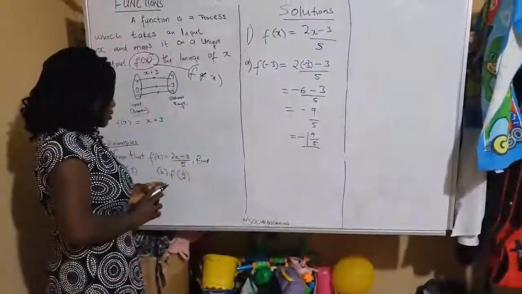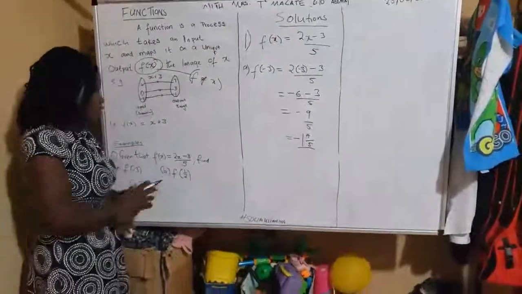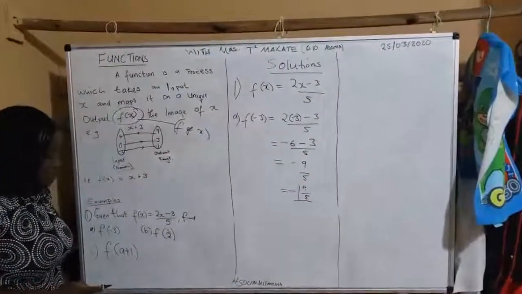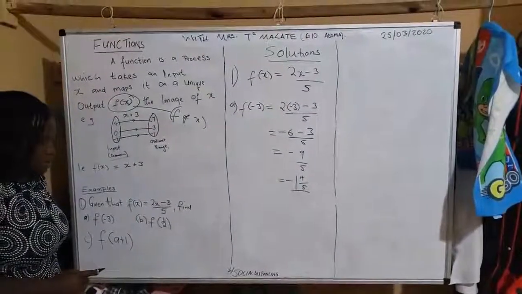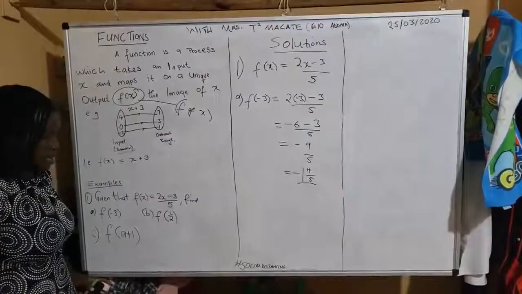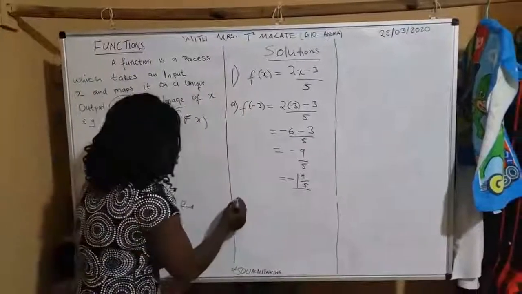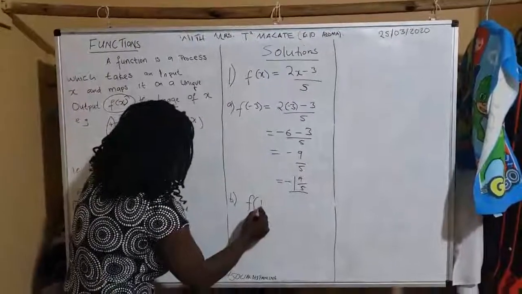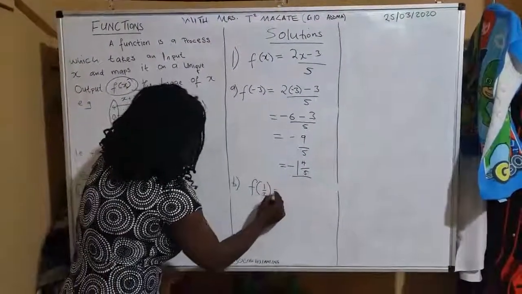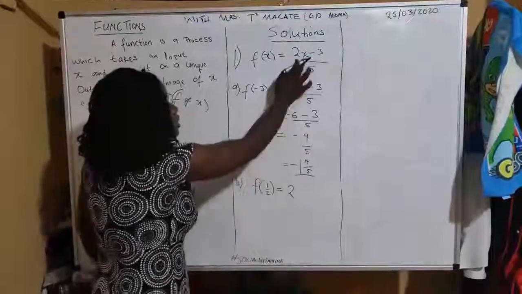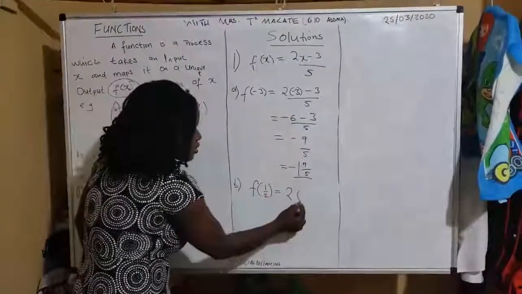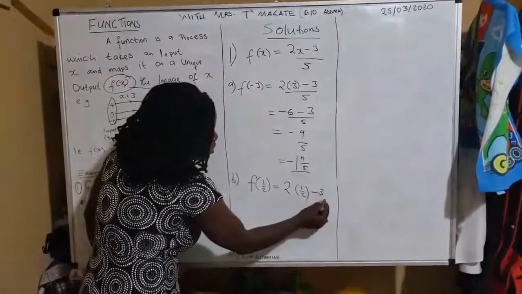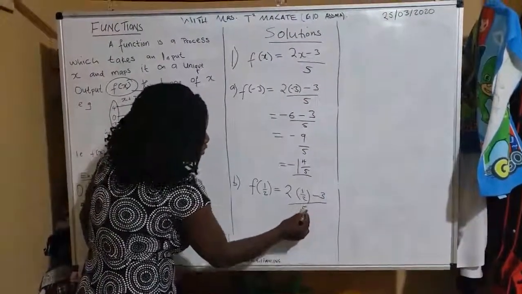Part b, for us to find f(1/2). This time, where there's x in our expression of f(x), we're going to substitute a half. So it's (2 times 1/2 - 3)/5.